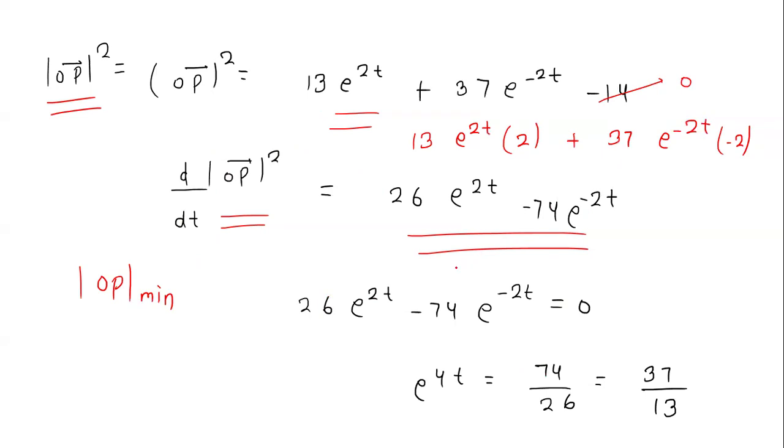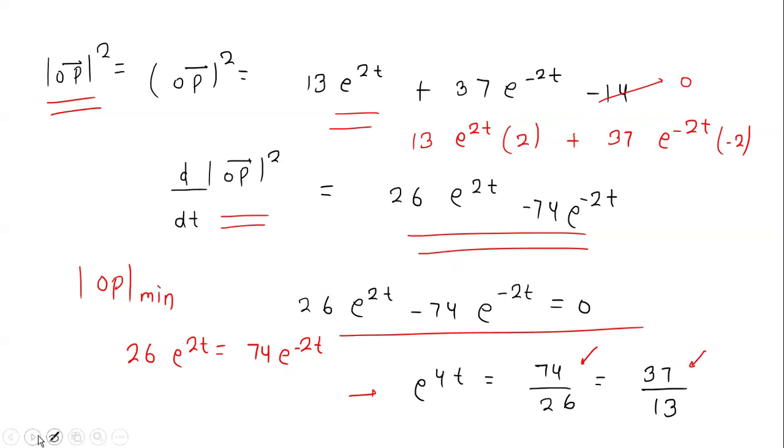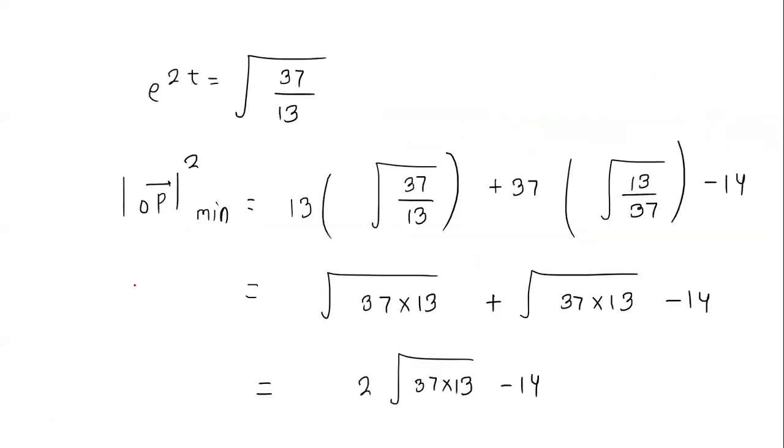So you will get 26 e power 2t minus 74 e power minus 2t, and if you equate this to 0, then you will get e power 4t as 74 by 26, and this will become 37 by 13. So this e power 4t value is equal to 37 by 13, and from here you will get e power 2t value, it is root of 37 by 13.